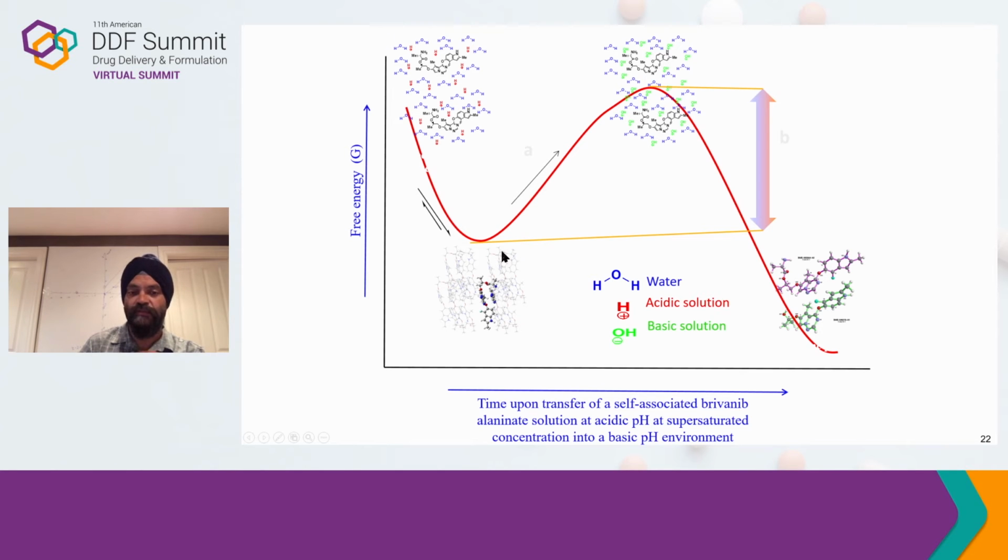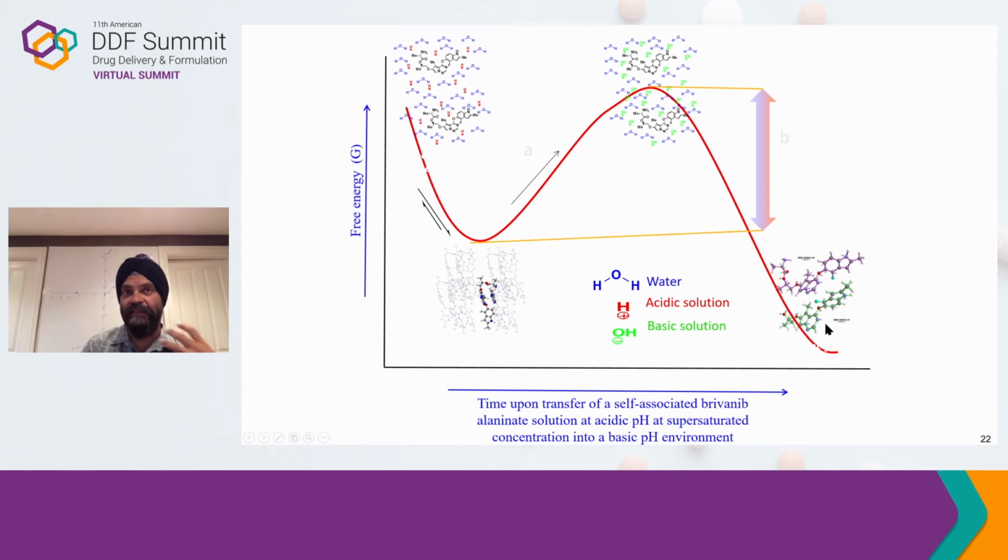So as you move from the acidic to the basic pH on the x-axis from left to right, you have self-associated species in solution with high free surface energy, and those species undergo into the basic solution another structural shift that leads to interaction and change in the ionization. But that does not take away the benefit of self-association to the crystalline form that's shown on the bottom right.